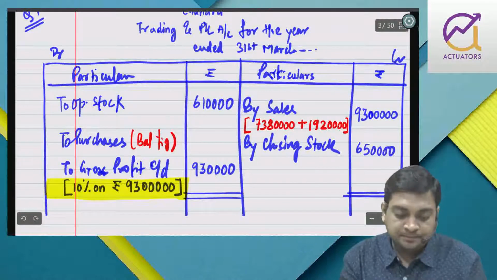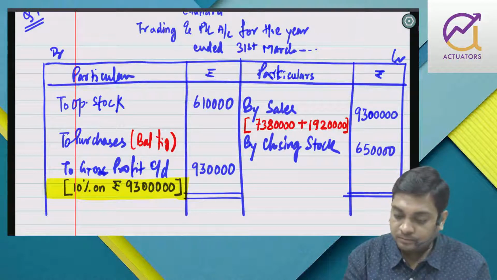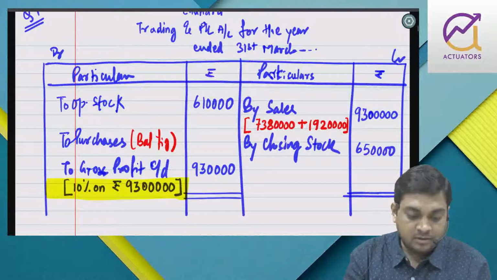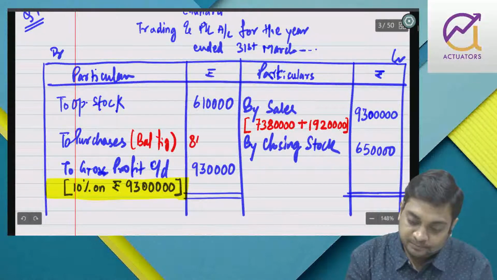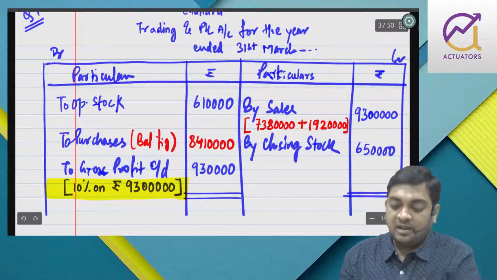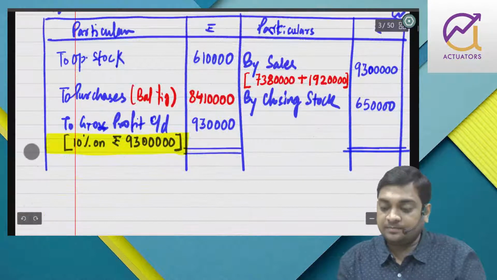How much? 93 lakh plus 6 lakh 50 minus 6 lakh 10 minus 9 lakh 30, that is 84 lakh 10,000.